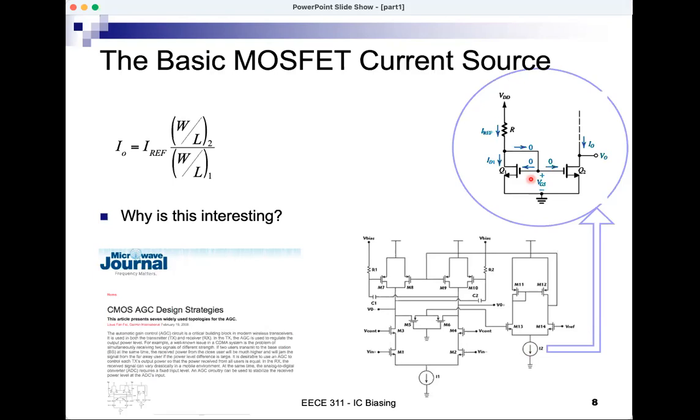So we will see that we need such current sources in many circuits. And now we know at least how to build the very simple basic one. All right, so here's our simple current source.